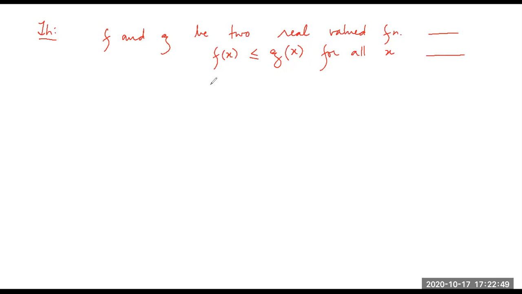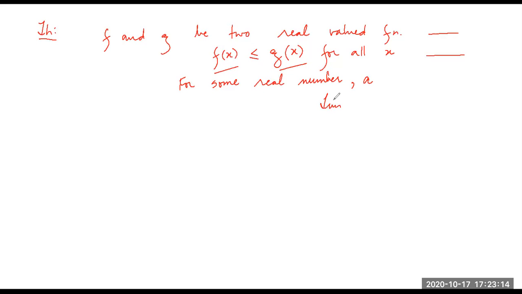Then for some real number a, I'm going to state something. For some particular real number a, here the condition is that the limit of both these functions should exist.